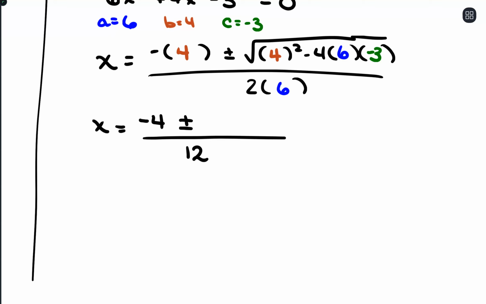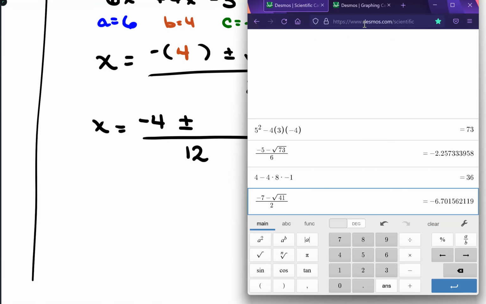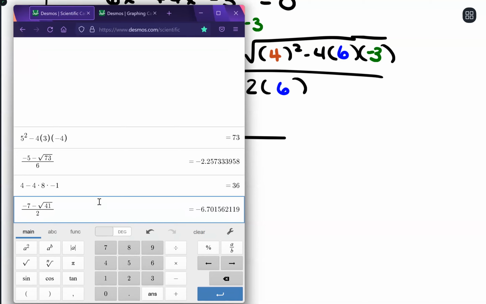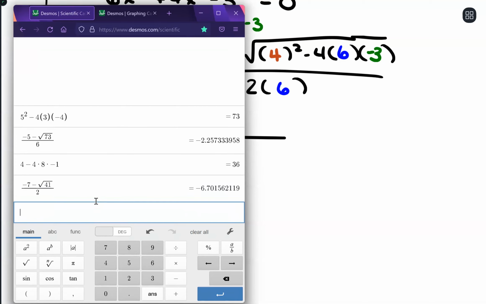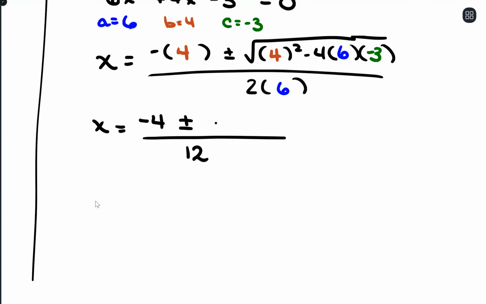And then up here, I'm going to use a calculator to help me simplify that square root. So that square root there is 16 minus 4 times 6 times negative 3, which is positive 88. So we're taking the square root of 88.